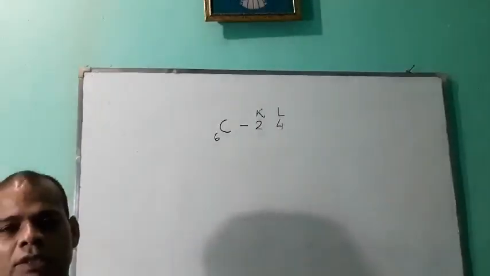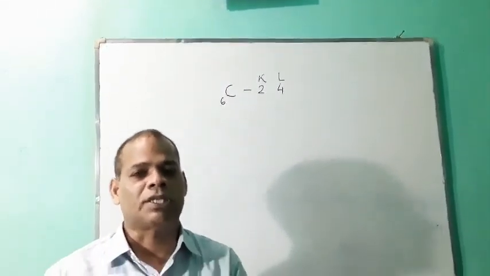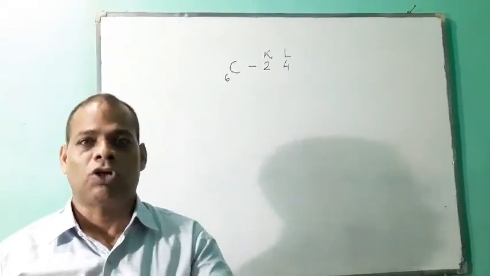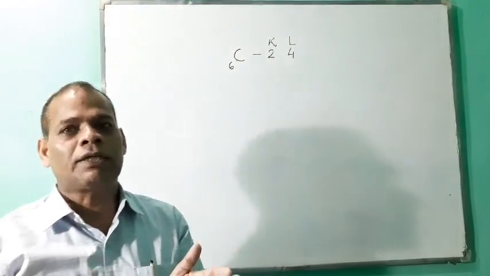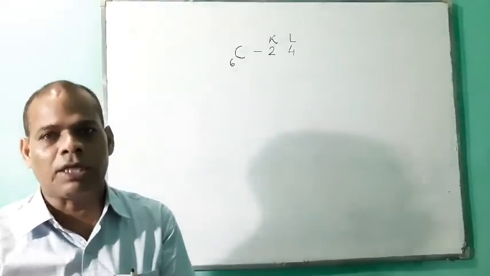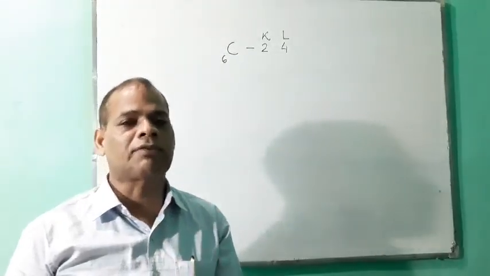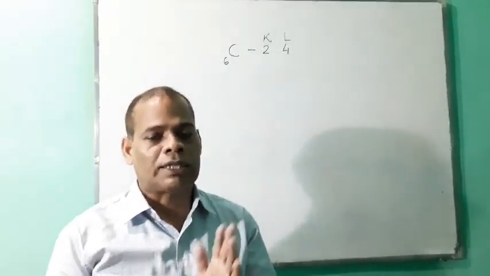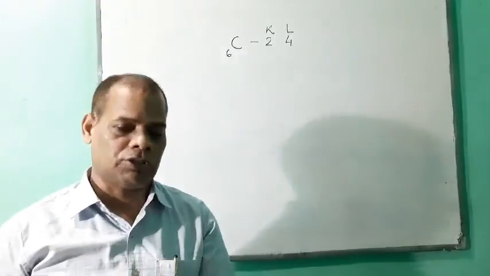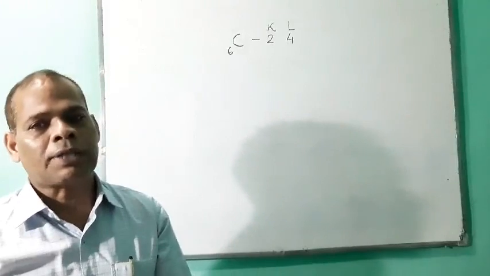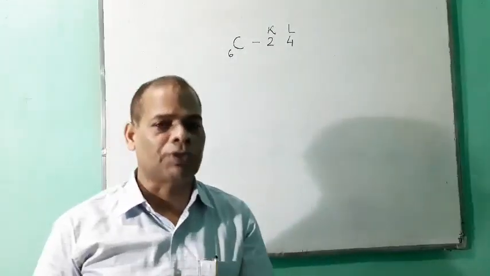That's why carbon is called tetravalent, because it has 4 electrons in its valence shell and its valency is 4. Now, carbon tries to achieve the nearest noble gas configuration.